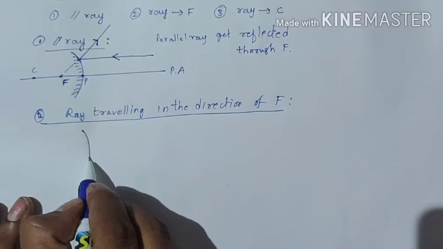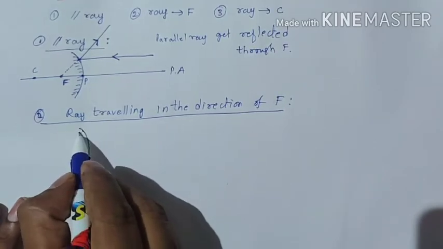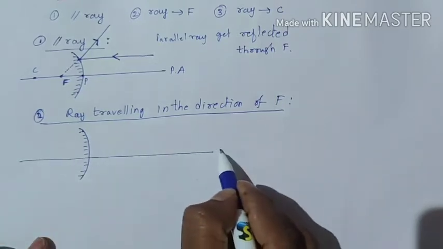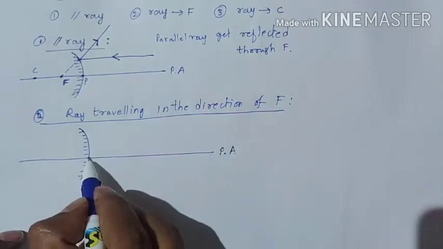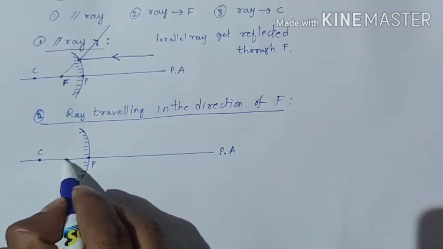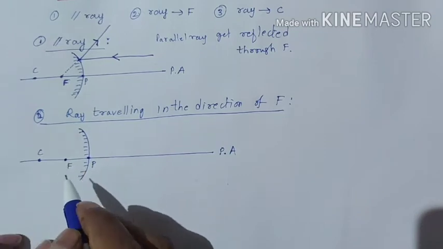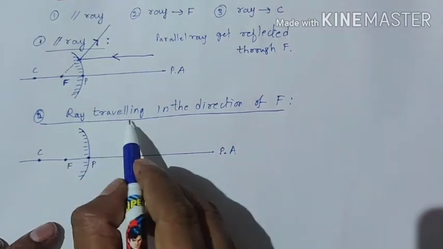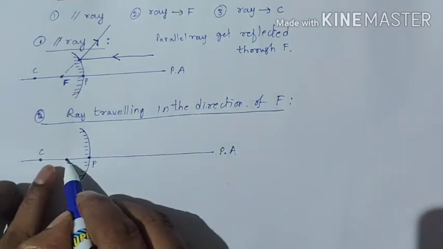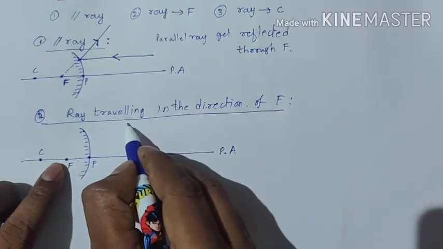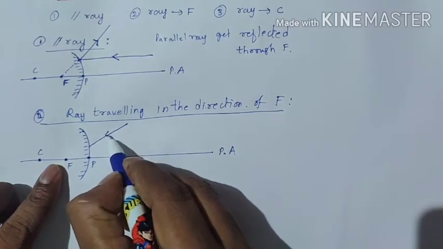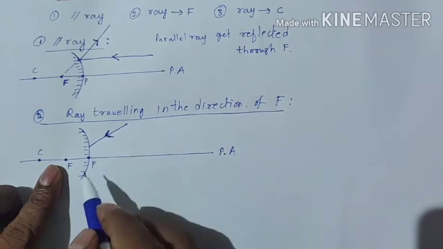So this is the convex mirror, non-reflecting surface, this is the principal axis, this is the pole, this is the center of curvature, and the midpoint is the focus or focal point. So what is the ray we are taking here? The ray traveling in the direction of focus. So this is the focus. Now we have to take a ray which should go in the direction of focal point. So this is a ray traveling in the direction of focal point.